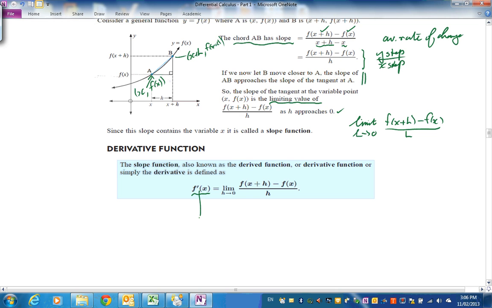And the symbol we use is a dash, to say, well, it's got something to do with being derived from the original function through looking at the slope of the chord. The derivation is that the derived function, which will give the slope of the tangent at an x value, is the limit as the chord approaches tangency along the curve.